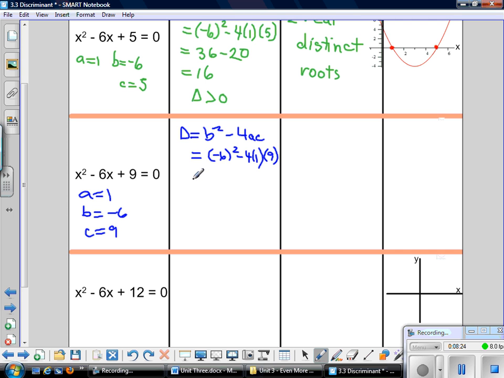And this time what I end up with is 36 minus 36, which equals 0. Okay, so in this case I have D equaling 0. So there should be two real and equal roots.